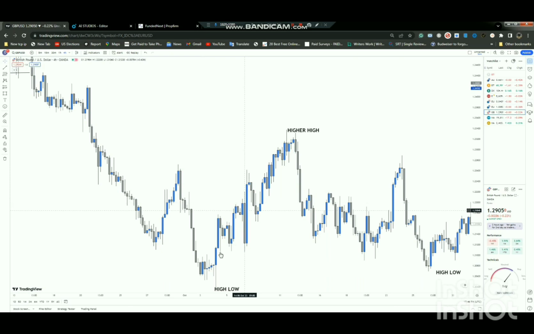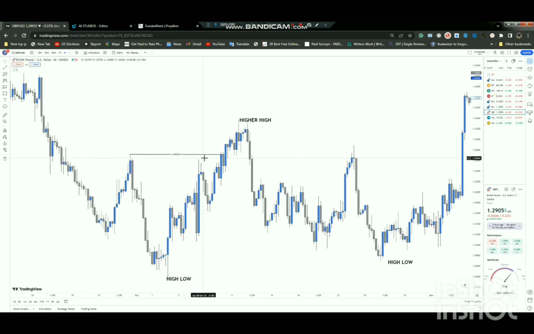So what happens when the market reached here? It moved and broke this. You see this? The market broke this. As we saw on the other side, a change of character was created. Now the market has created a change of character here. A very, very big, significant change of character.